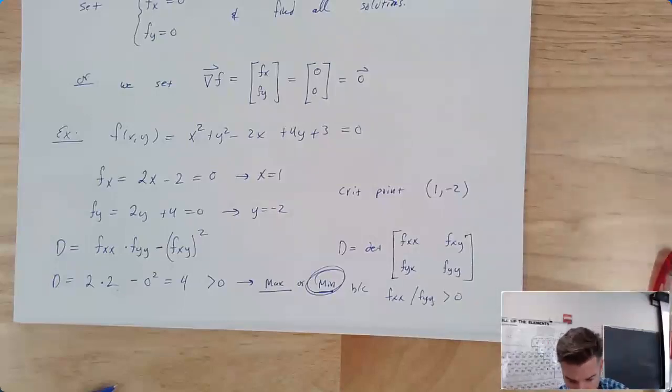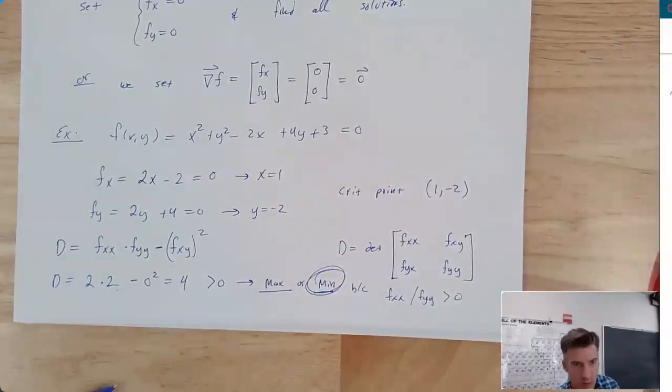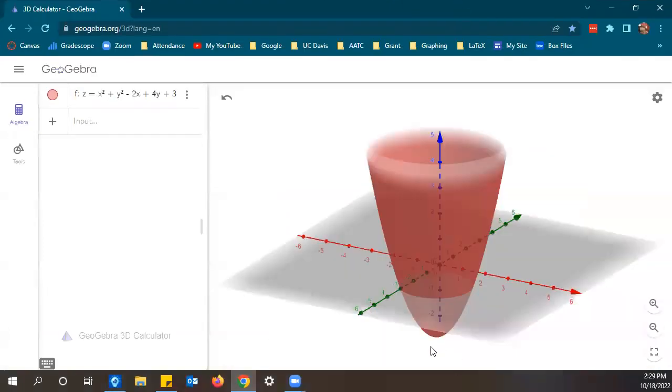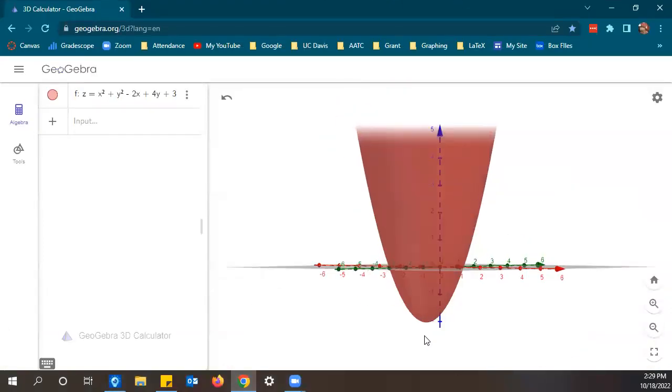So we've got z equal to x squared plus y squared minus 2x plus 4y plus 3. Essentially, we have a paraboloid. Right, it clearly has a minimum there.